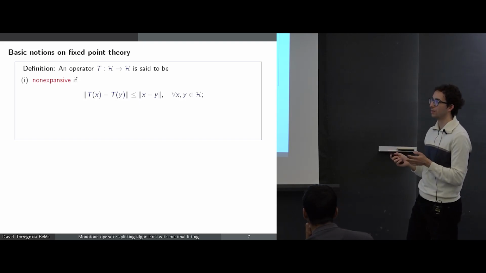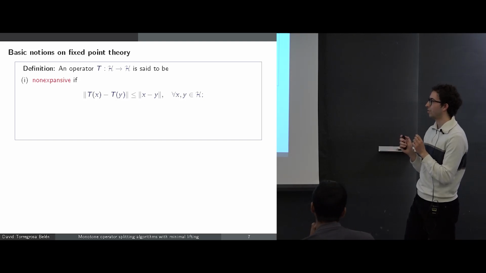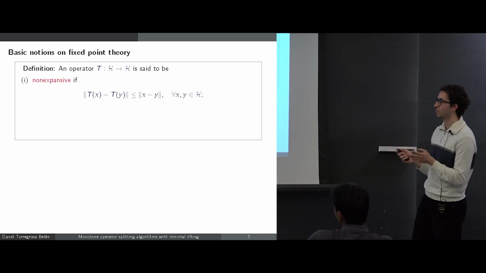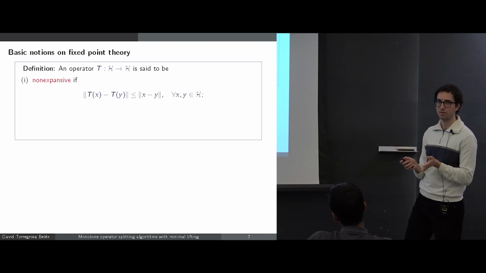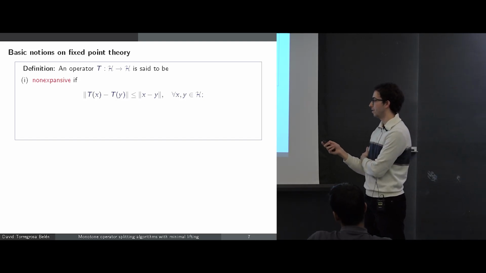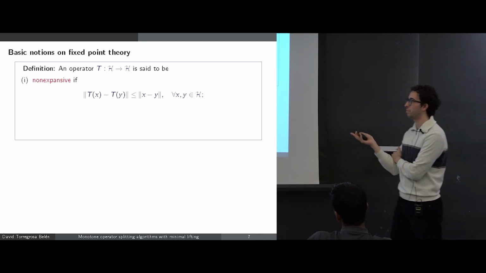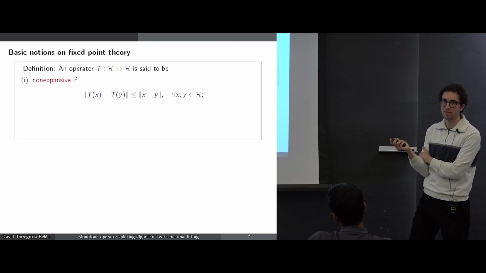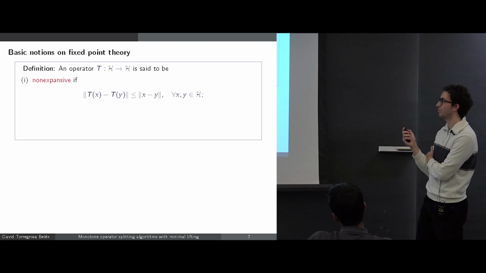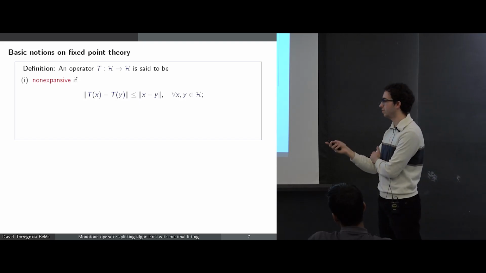For that one, what you really need is your operator to be a contraction, and a contraction has to have Lipschitz constant strictly less than 1. It happens that the operators that appear in this kind of problems are not contractions, so you cannot apply the Banach-Picard iterations. So you need something else.